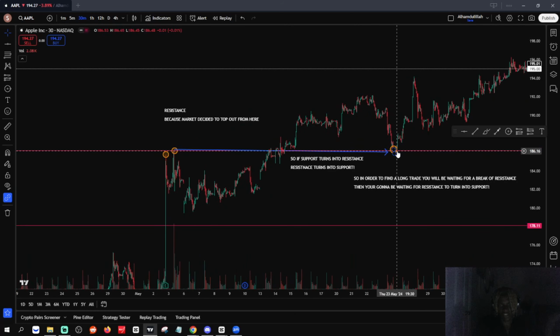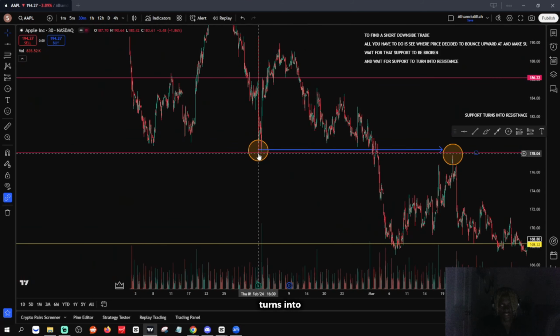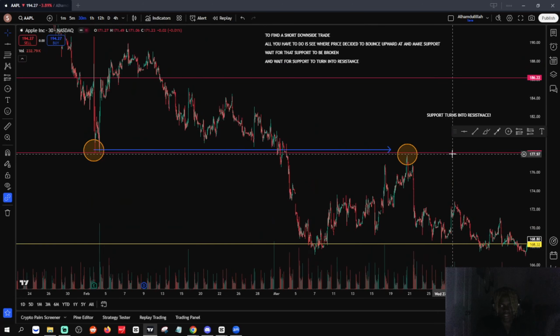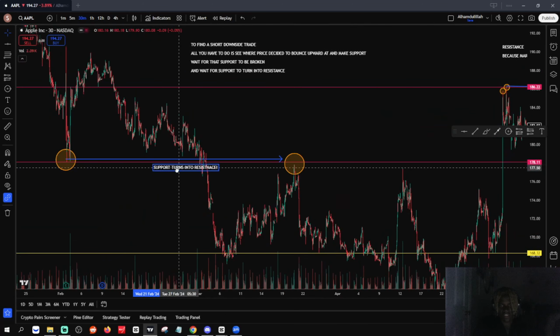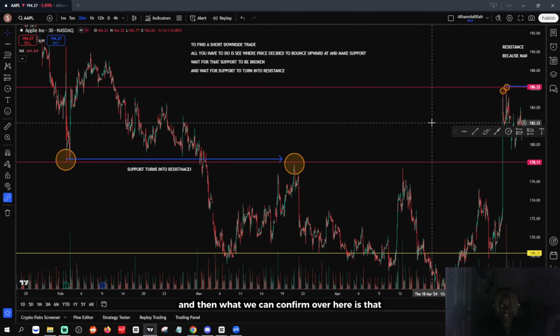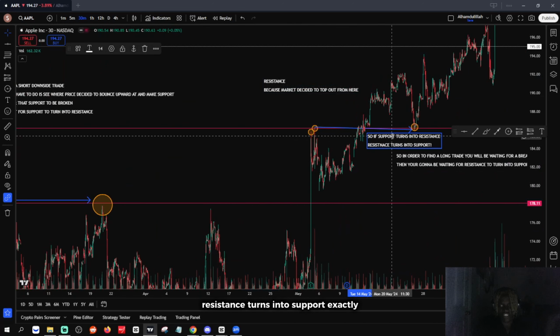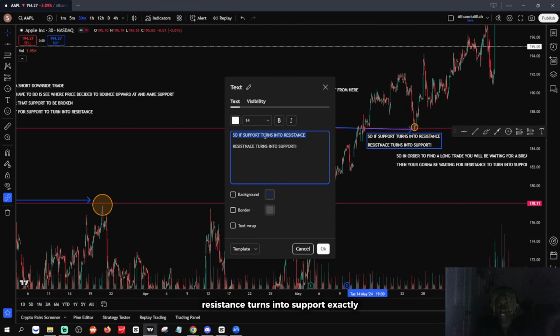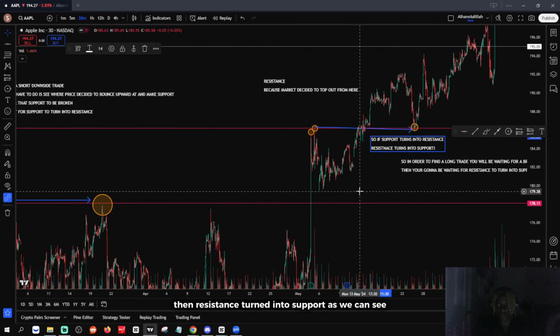So support turns into resistance, that's what we can conclude from over here. And then what we can confirm over here is that resistance turns into support.